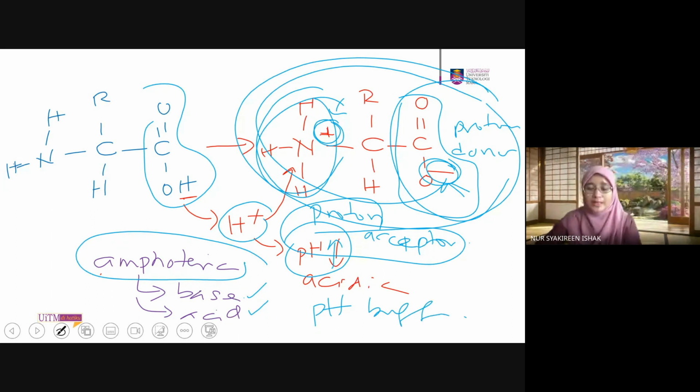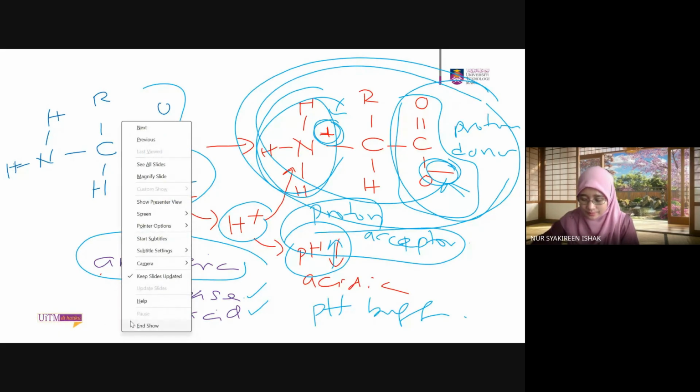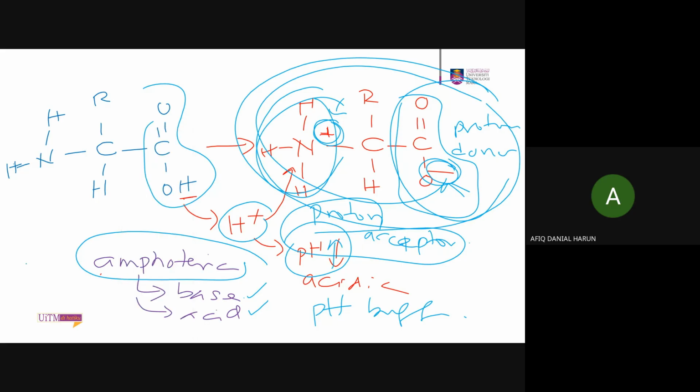It resists changes in the pH of the surrounding solution, prevents the surrounding solution from becoming too acidic or too basic. Boleh faham? Okay. So thank you for responding.